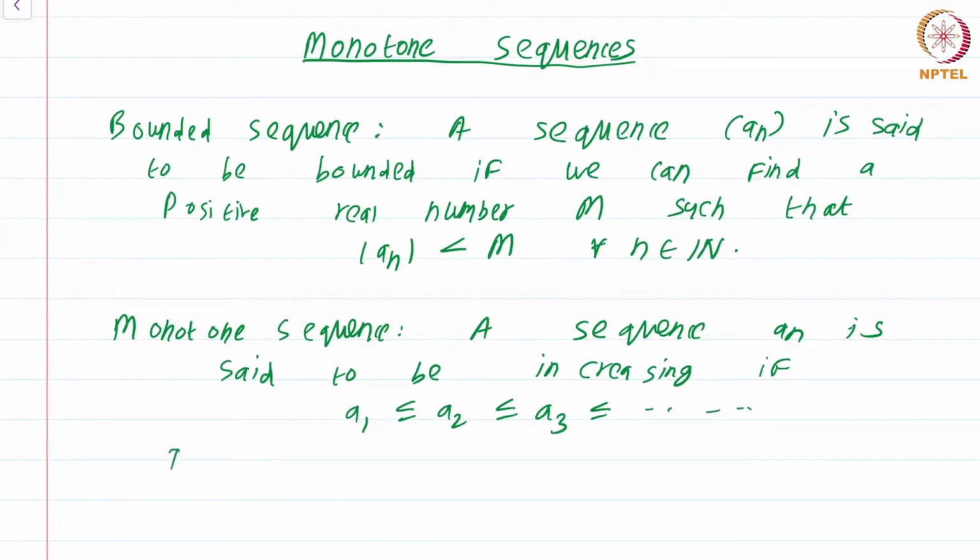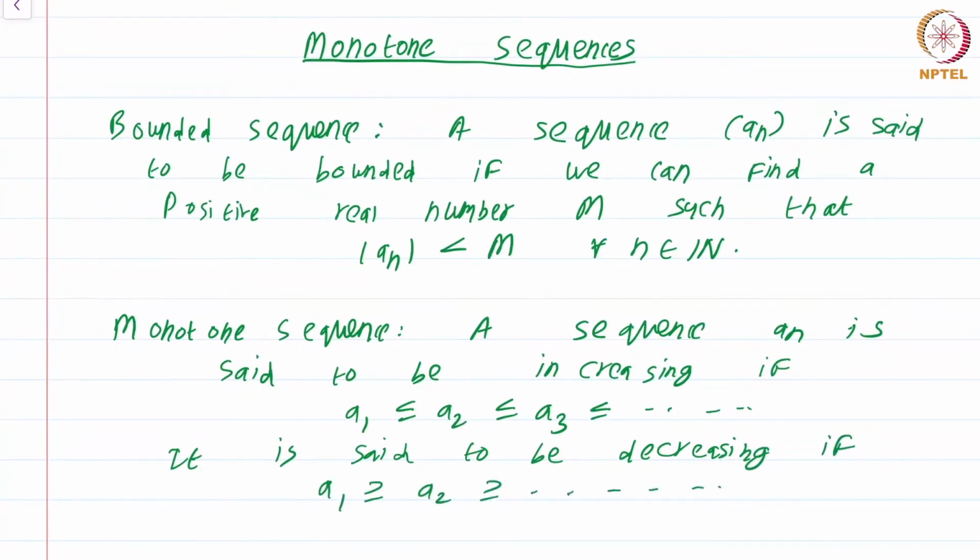It is said to be decreasing if A1 is greater than or equal to A2, and so on.